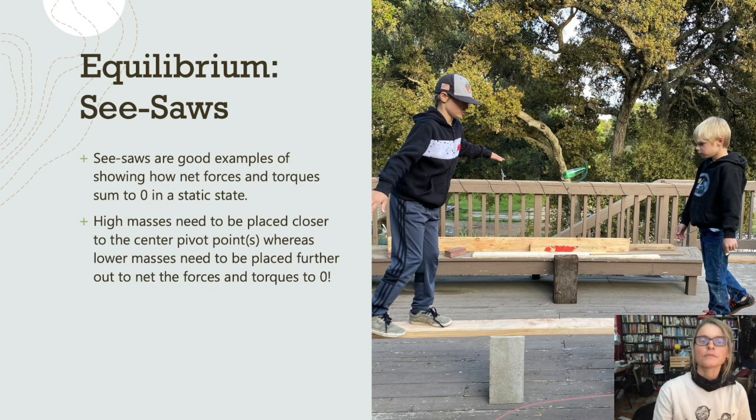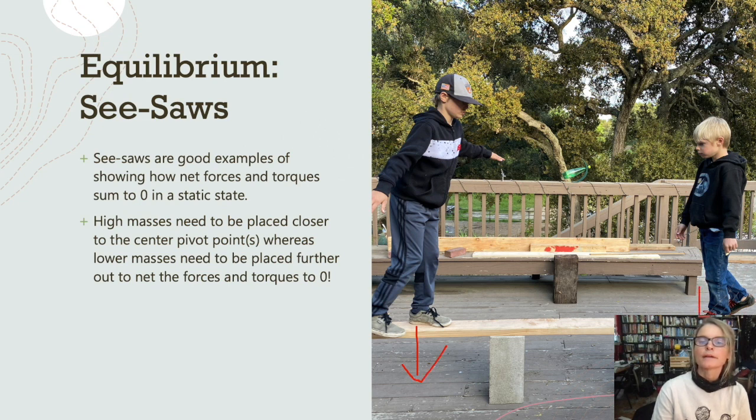problem. Okay, so seesaws are great examples as well of forces balanced out and torques balanced out. So you can see the weight of the people will be balanced by the positions they're on.